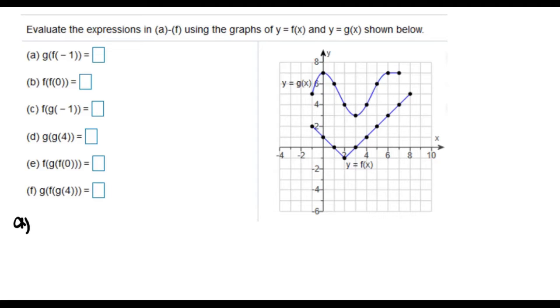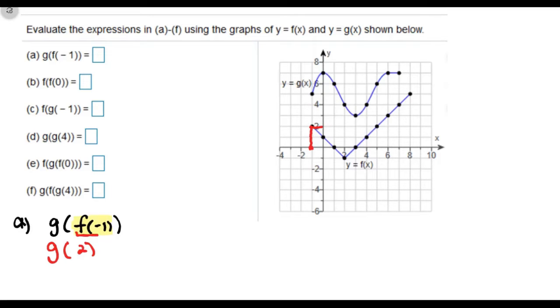So for part A, it says g of f of -1. We're going to start with the inside. It says find f of -1. On my graph, I want to go to where x is equal to -1, go up to the graph of f, and find the y value, which is 2. So f of -1 is 2.